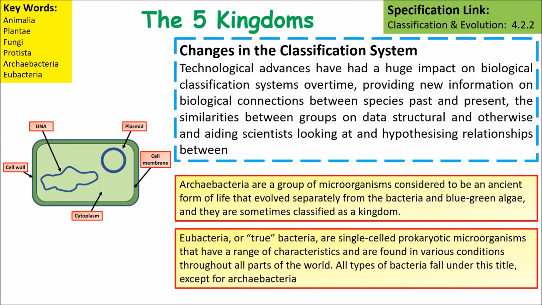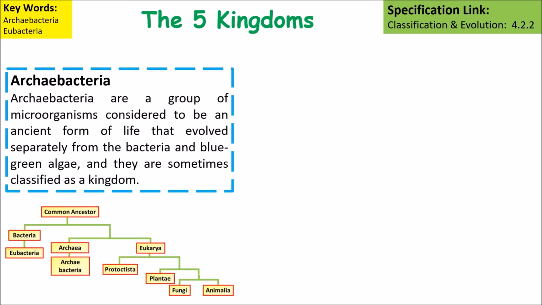Eubacteria, or true bacteria, are single-celled prokaryotic microorganisms that have a range of characteristics and are found in various conditions throughout parts of the world. All types of bacteria fall under this title apart from archaeobacteria.